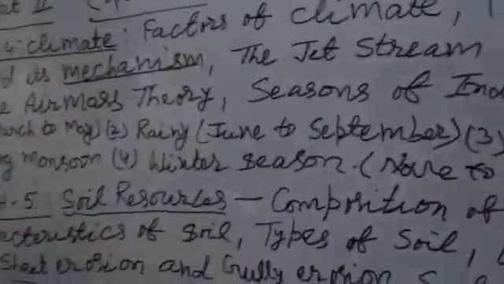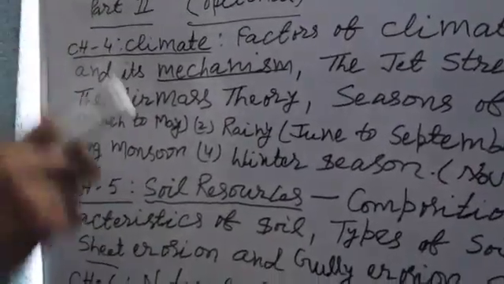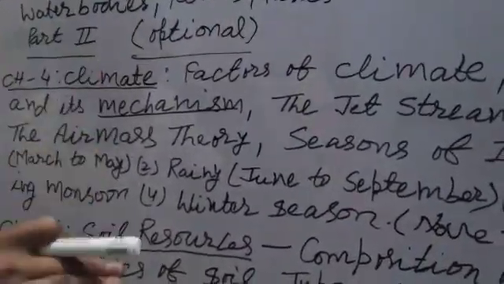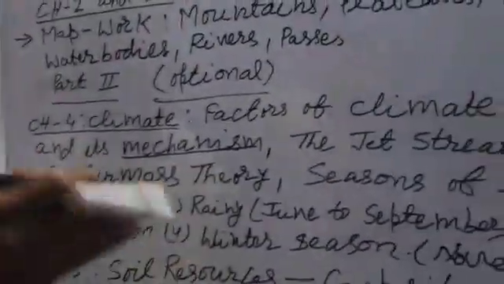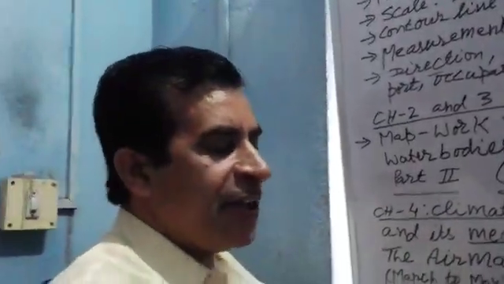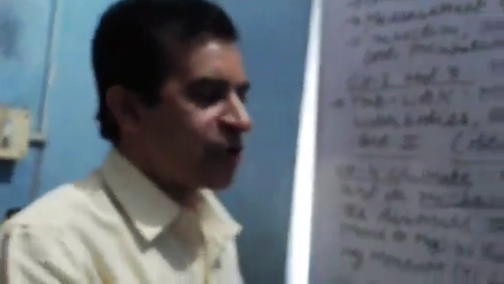During this season, some parts get dry dusty winds like Loo. Thunderstorms occur in Bengal like Kal Baisakhi, and the pre-monsoon shower on the coast of Kerala and Karnataka is mango shower.